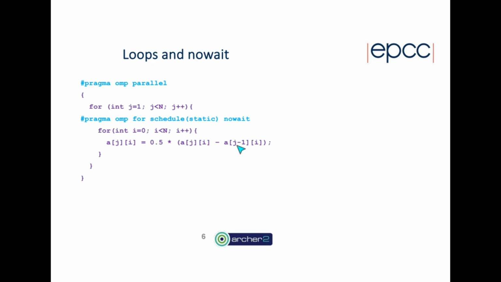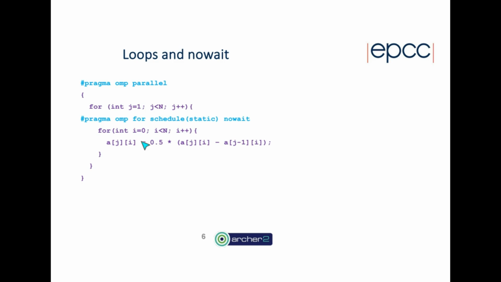So the J loop iterations have a dependency, which means they must be executed in sequence. I could potentially just put OMP parallel for around the inner loop, around the I loop. But what's likely to happen is that a single instance of the I loop doesn't really contain enough work to be worth parallelizing. The overhead of the parallel region will be too much.